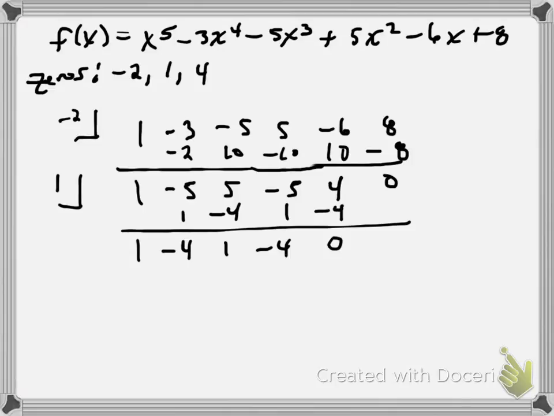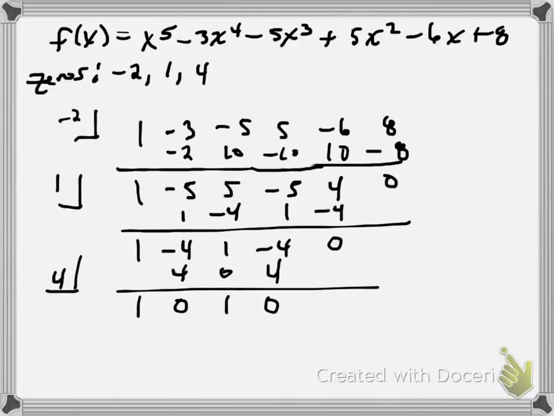Then I'm going to divide synthetically one more time, so the resulting polynomial is going to be quadratic. So 1, that's going to give me 0 here, 1, 4 times 1 gives me a +4 and 0. And so this is going to be x squared plus 0x plus 1.